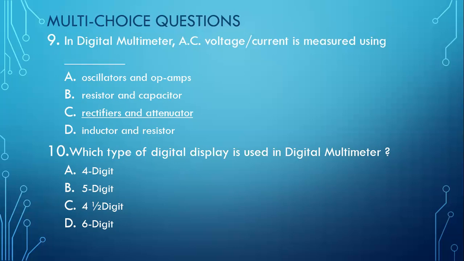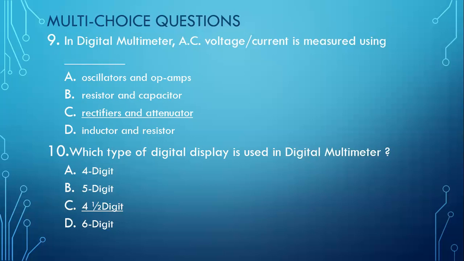The digital display which is used for the digital multimeter is known as the 3.5, 4.5, 5.5 type of display. Here the most correct answer is the 4.5-digit display. It may be a 3.5-digit display. So what do you mean by 4.5-digit display?